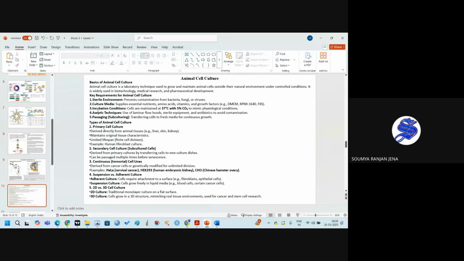Our third one is incubation condition, because our body is maintained at 37 degrees. In the same way in the laboratory, cells are maintained at 37 degrees with 5% CO2 to mimic physiological conditions. Why 5% CO2? Because in our body, blood is a good buffer system, the bicarbonate buffer system.